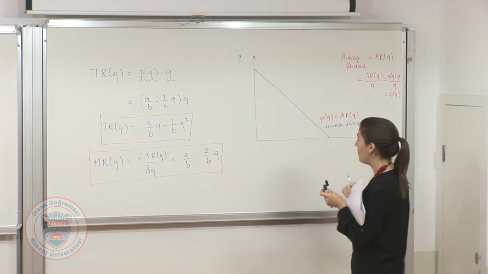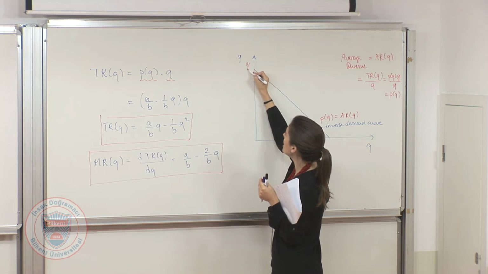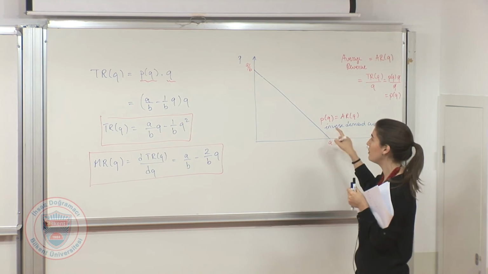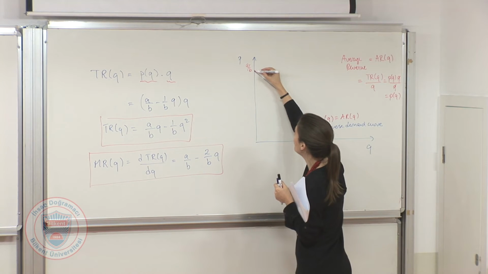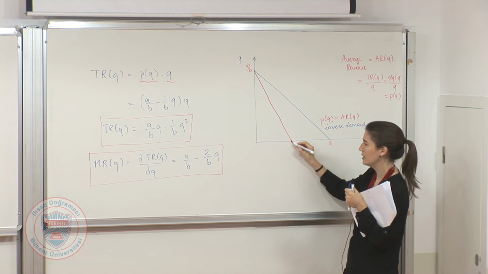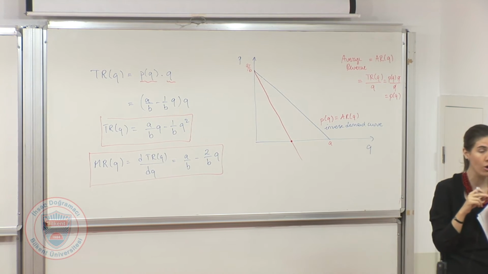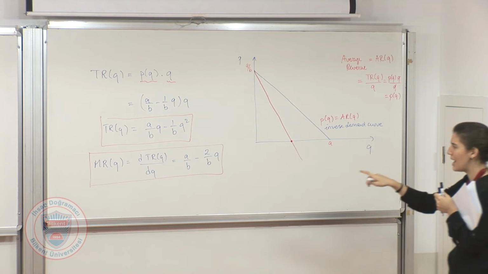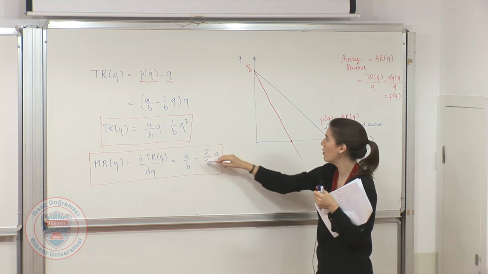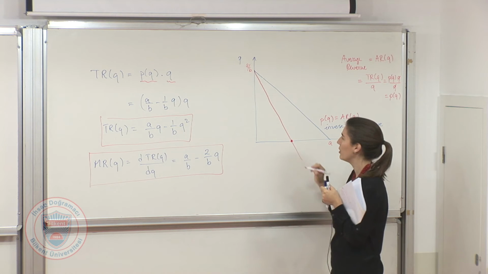Now, as you said, hocam, this is A over B, and this is A. You said this is the inverse demand curve. If I want to draw the marginal revenue, as you said, it has twice the slope, so its slope is minus 2 over B. And what is this point?